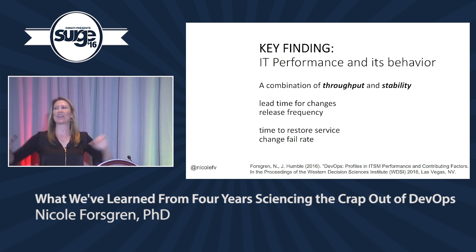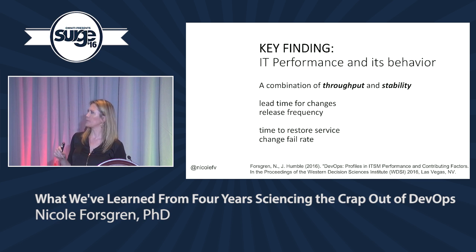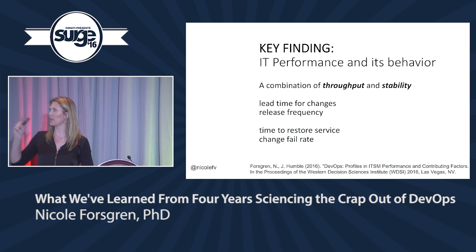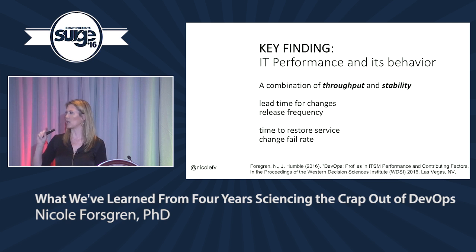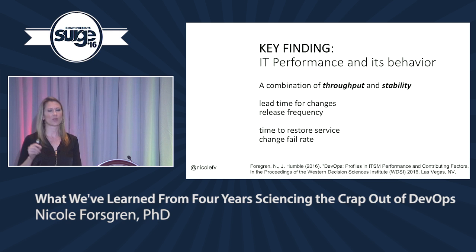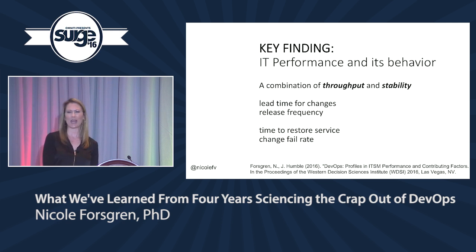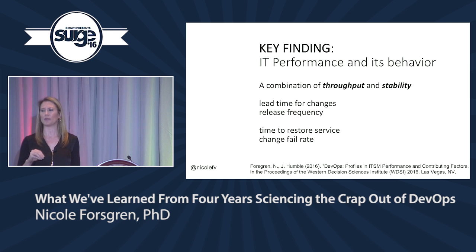Okay, here we go. Key finding. This was super exciting. About IT performance. IT performance, we define this as a combination of throughput and stability. So our throughput measures our lead time for changes and release frequency, and our stability measures are MTTR and change fail rate. We find that these move together, and this is true three years in a row. So the high performers, and when I talk about high performers, medium performers, and low performers, I let this be a data-driven analysis.